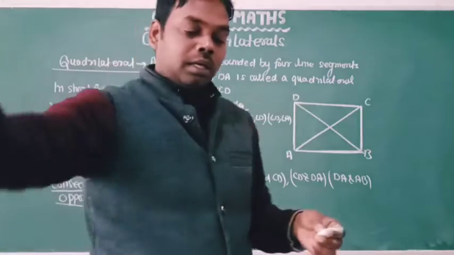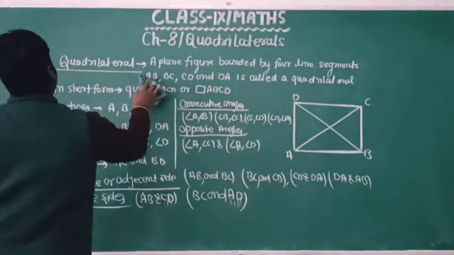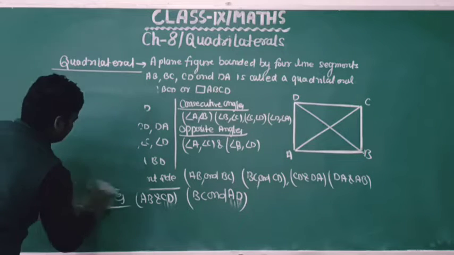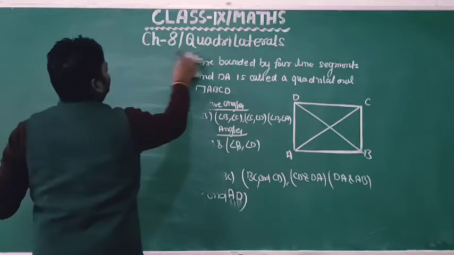And next, the angle sum property of a quadrilateral. So what is it? Let us now recall the angle sum property of a quadrilateral.